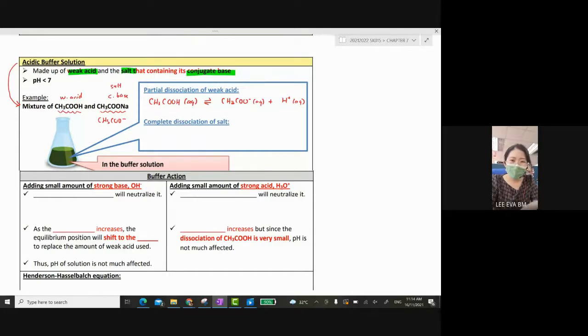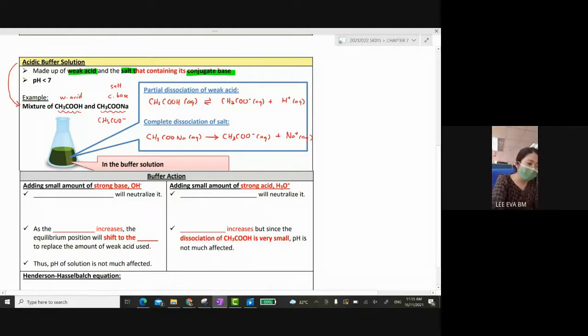And then the other content of this mixture is the salt. So recall in your previous egg puzzle in the earlier morning just now, salt completely dissociates. So when a salt completely dissociates, arrow dia single direction sahaja. Okay, so in this case we have CH3COONa, the salt. So complete dissociation to give you CH3COO minus and also the Na plus.